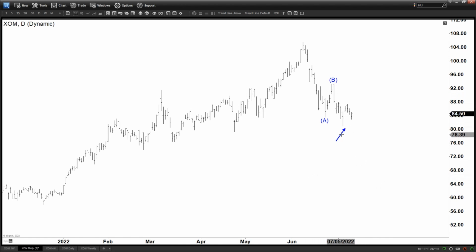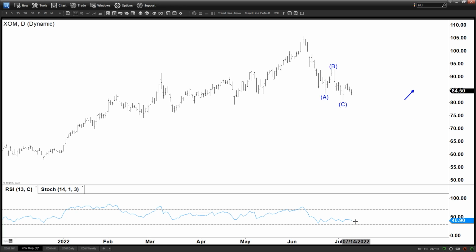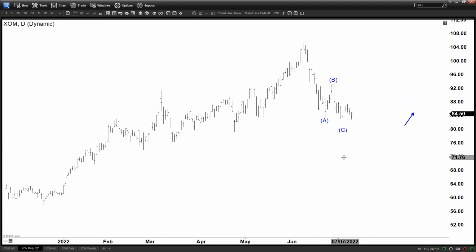If you want to call this C completed, it is possible in a truncated scenario. Truncated means the C does not reach equality to the A. But when you want to call this completed, usually you won't see a divergence like this. Completed means the RSI at C will be below the A. In this case, you still see a divergence, which confirms the idea that we're most likely going to see more downside before we finish this entire structure.